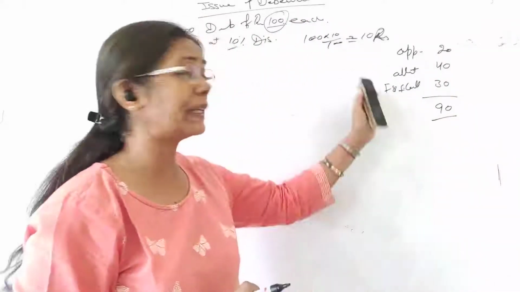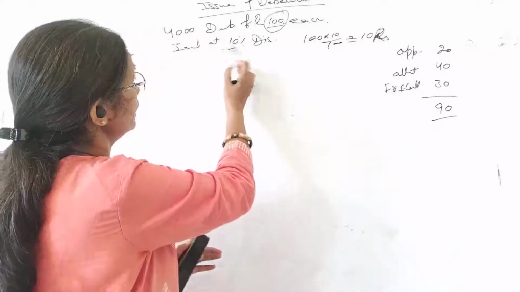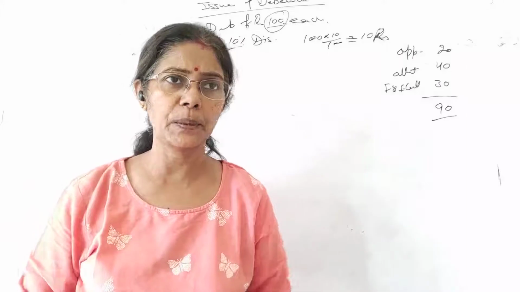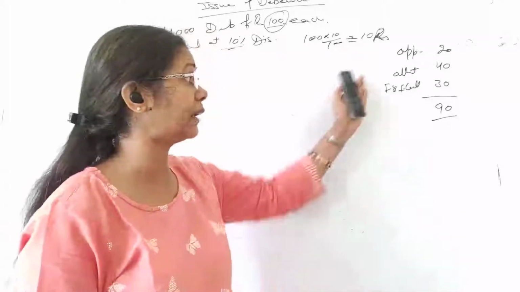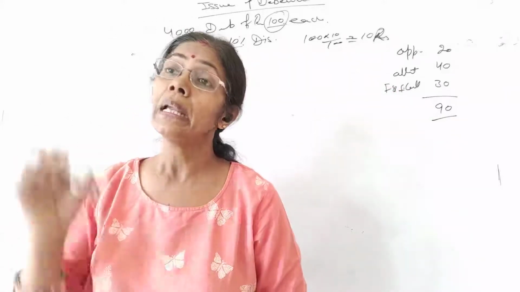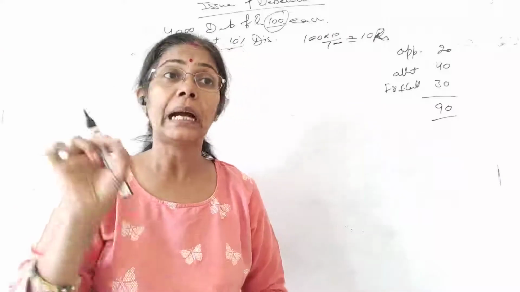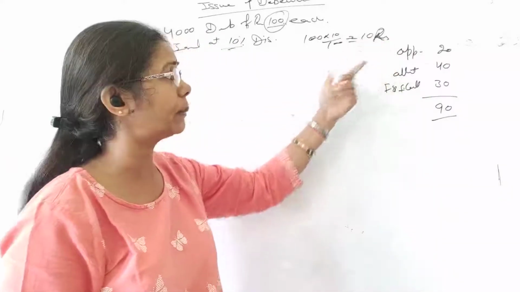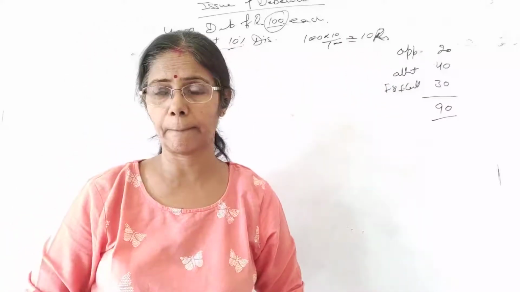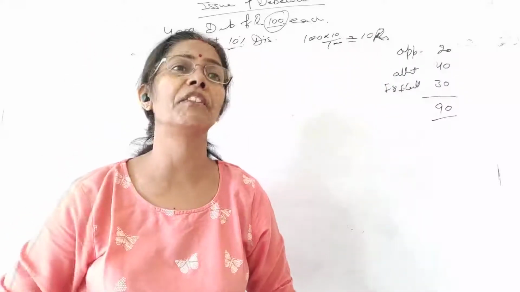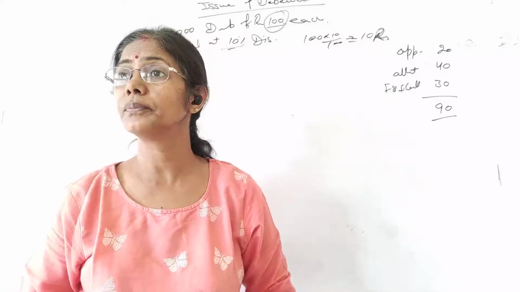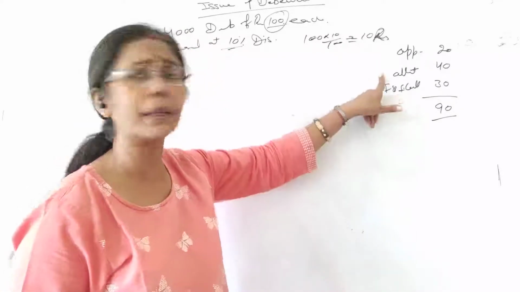So 10 rupees is discount, and it has already been given in the question that these debentures have been issued at 10% discount. Now they will give you in the question either this discount is provided on the application, allotment, or first and final call. And if it is not given, then it is as usual on allotment.